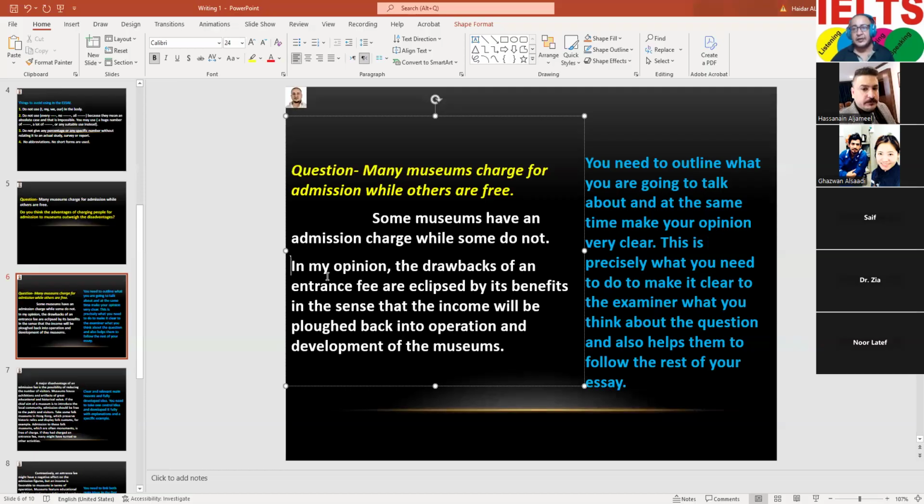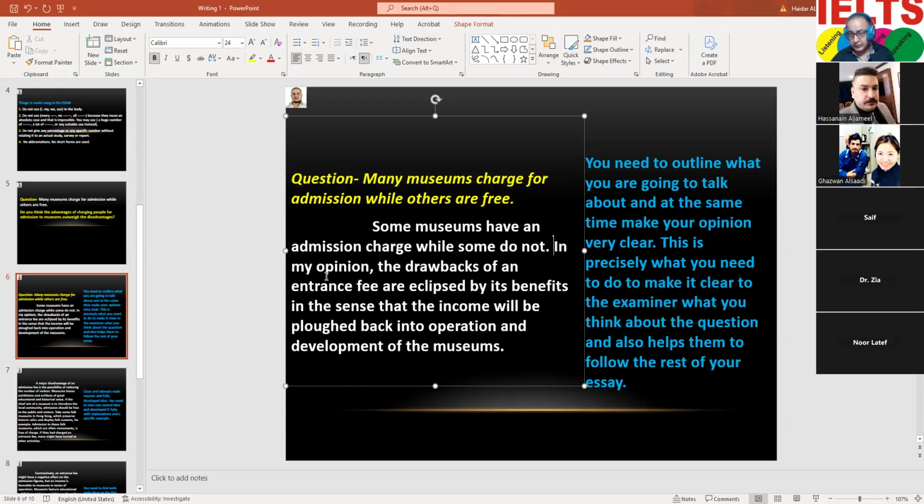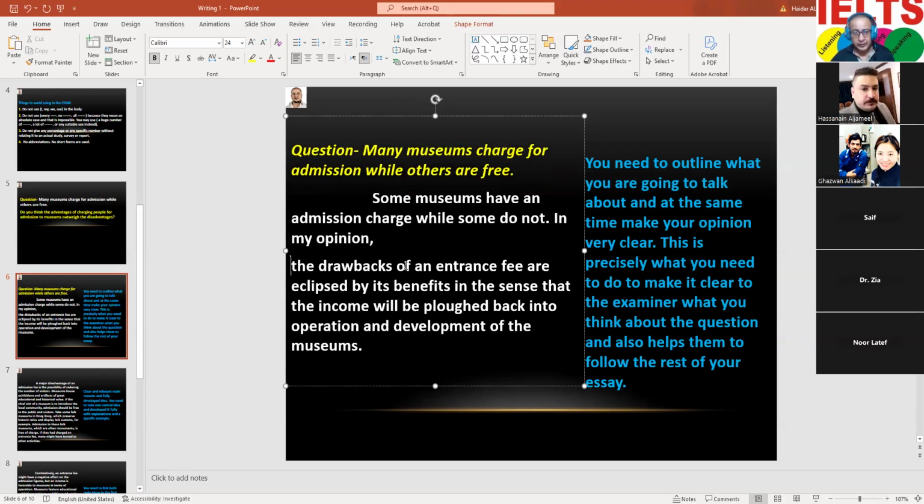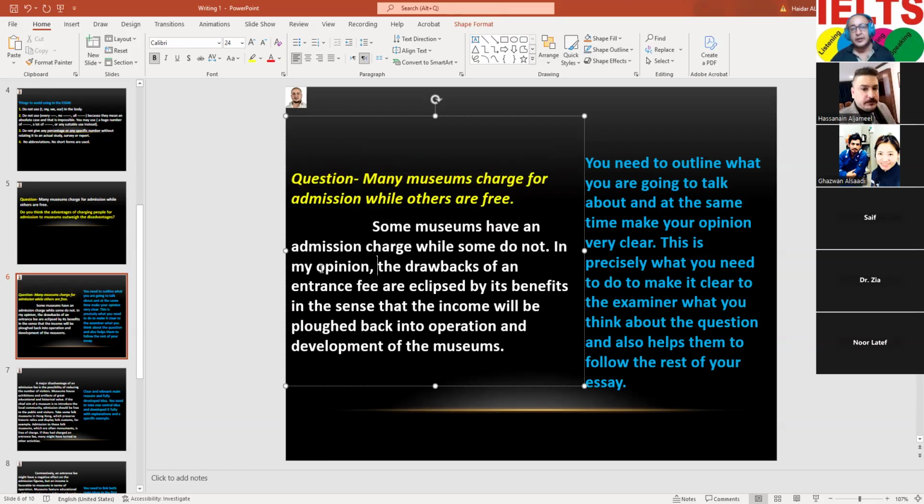You will get a lower score. Because a new line means a new paragraph. Be careful. A new line means a new paragraph.